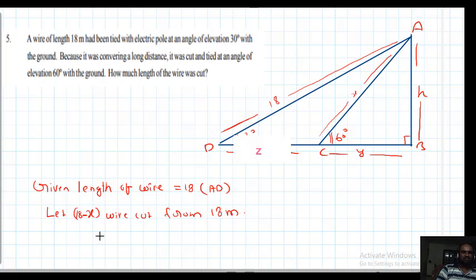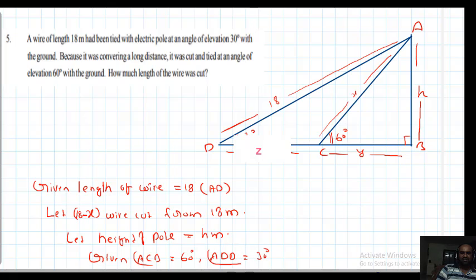What next? Let height of the pole equal h meters. Given angle ACB equal to 60 degree, angle ADB equal to 30 degree.